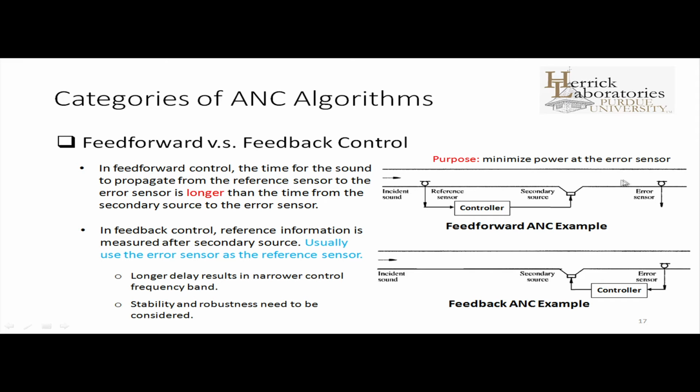Because feedback control implies that the error sensor, where you're trying to cancel something, senses the signal, then you try to produce a signal that cancels it, right? So if there's physical separation, there's a delay involved in generating the secondary signal that's meant to cancel the first signal. And unless the error sensor and the secondary source are right on top of each other, sooner or later this system ceases to work, right, because of the delays involved.